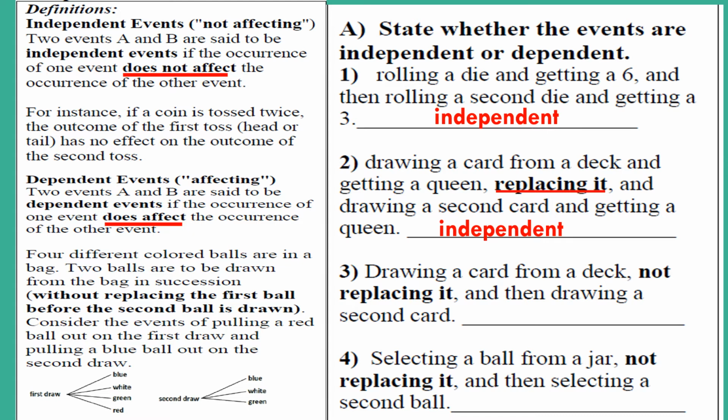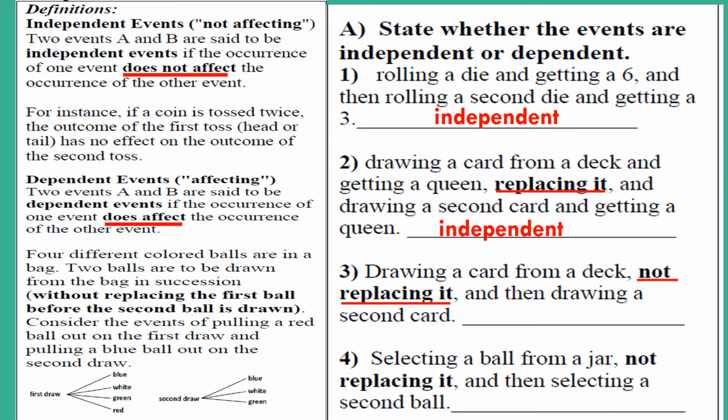Number 3, drawing a card from a deck, not replacing it, and then drawing a second card. So this time, after you have drawn the first card, you did not put it back to the deck. Therefore, the total number of cards now changes.